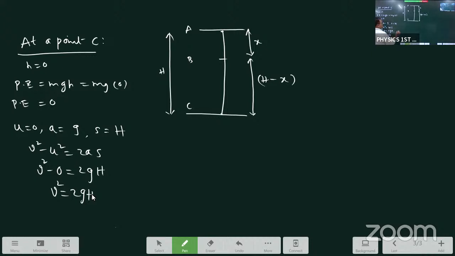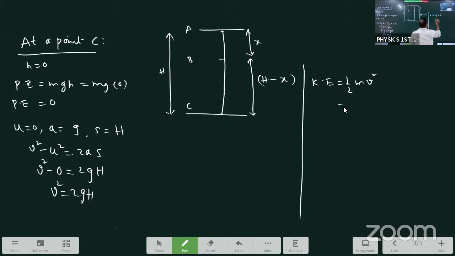Here I am writing kinetic energy is equal to half mv square, half m, v square stands for 2gH. Then it is mgH. It is the kinetic energy. I repeat, velocity we got, v square is 2gH.